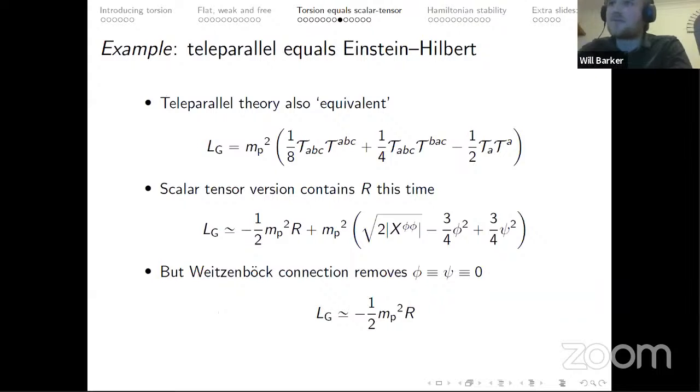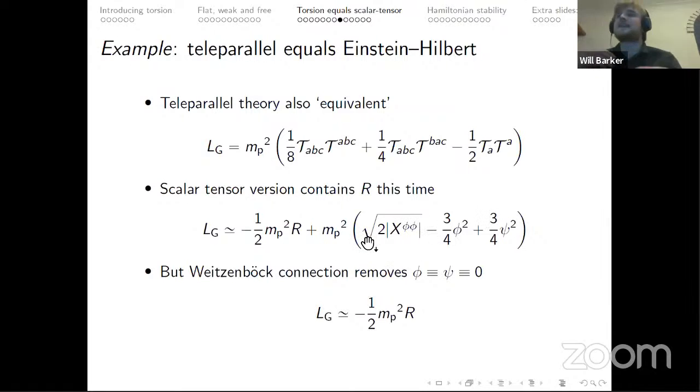So you can also do this with the teleparallel torsion theory, this combination of quadratic torsion terms. This time the scalar tensor analog does turn out to contain a gravity term, which is just the Einstein-Hilbert term without any torsion, and you've got this extra scalar structure added to it.